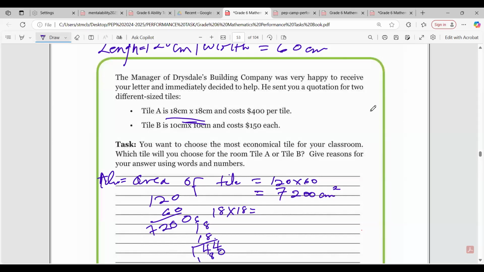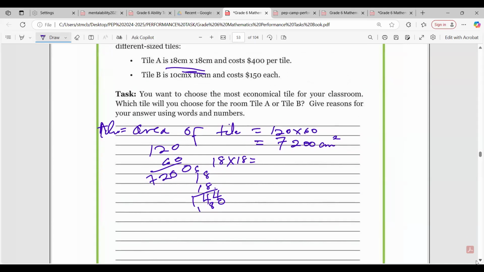We need some more space. But this is the part that we need. So I'm going to add to get the area for the big tile and see how many we need.